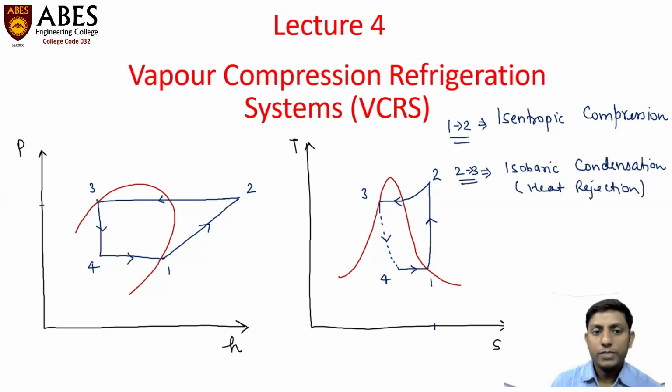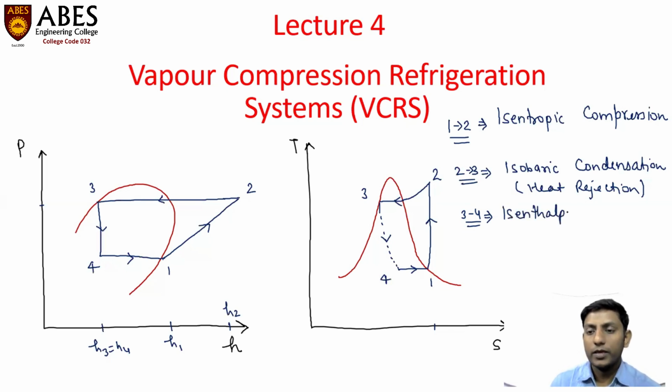3 to 4: as you can see here, enthalpy is constant. So this type of process is called isenthalpic expansion.